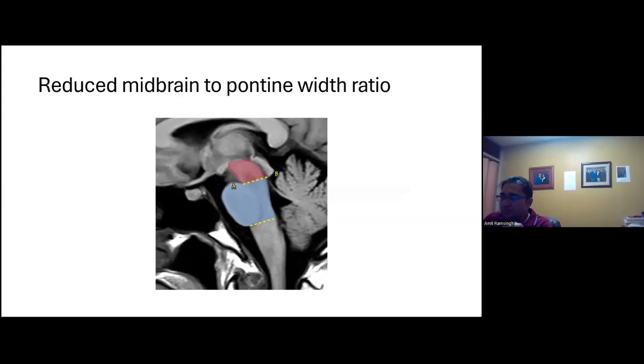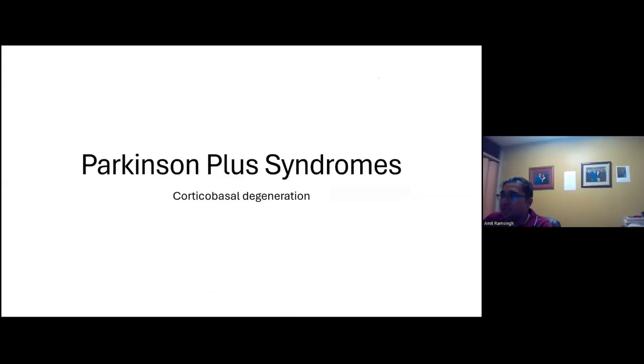Usually, if we do a midbrain to pontine width ratio, it's less than 0.52. And this is quite indicative of PSP. Or if we do an absolute midbrain width, if it's less than 9.35 millimeters, that is also quite sensitive and specific for PSP. So just a bit of key information there.